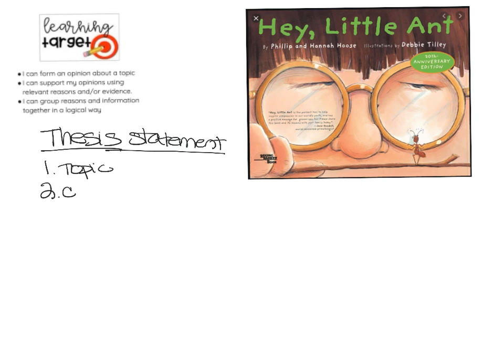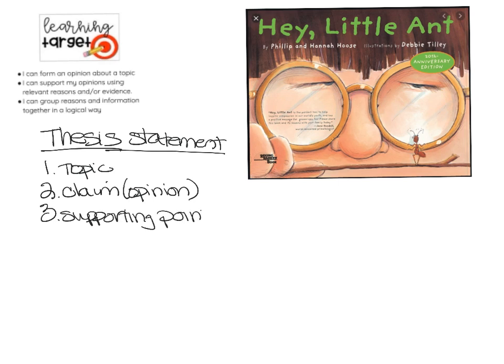Two, you need your claim. And in this particular point, we are going to be talking about your opinion. Then the third part is your supporting points. And what we are calling those are our reasons.